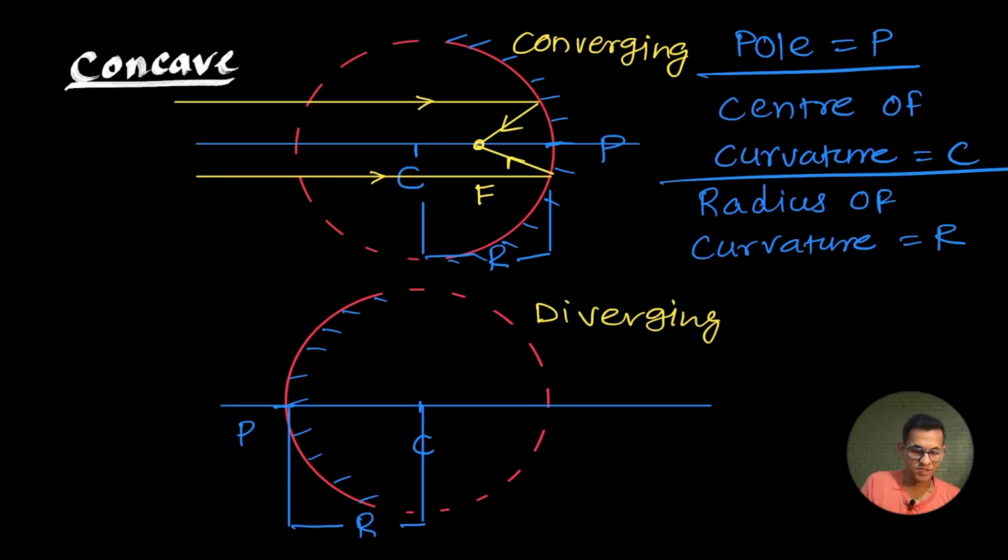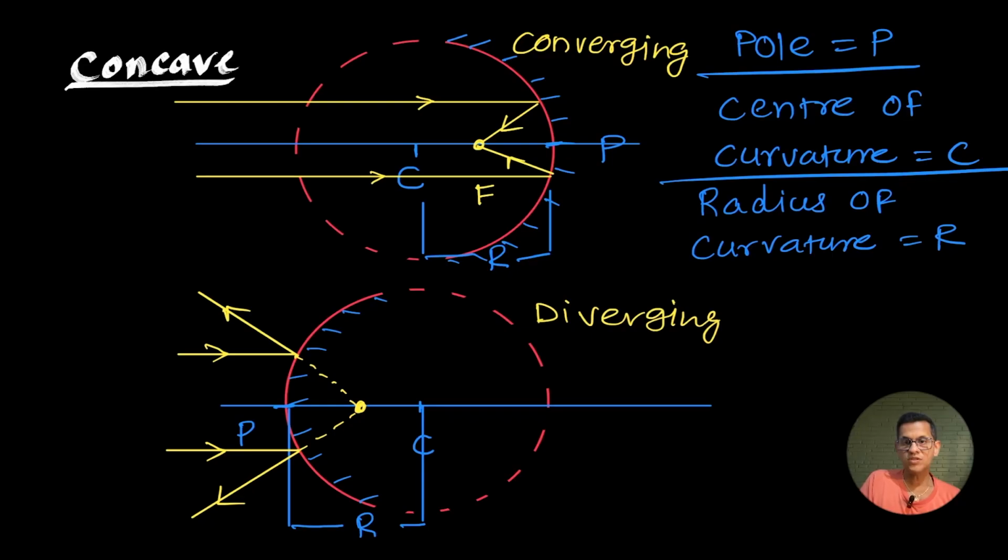If I pass light rays parallel to the principal axis of a convex mirror, they will diverge. But if I trace them backwards, they will appear to diverge from a single point.